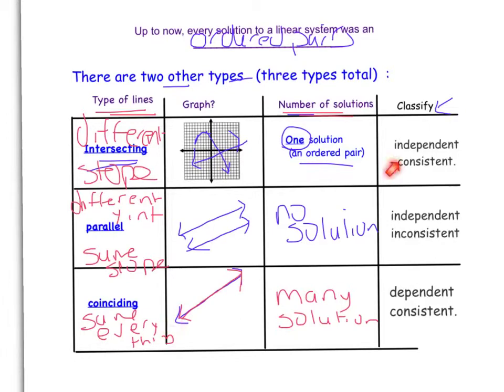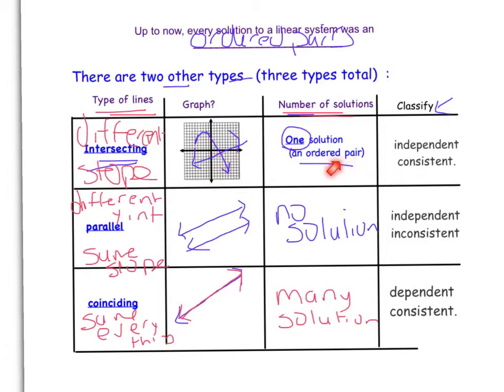And the other way is consistent or inconsistent. Now, I'm not sure who came up with this vocabulary, but this is how I think of it. We think of a solution to a linear system as an ordered pair. And this, with one solution or intersecting lines, is consistent with that thought. There is one ordered pair, so it's consistent.